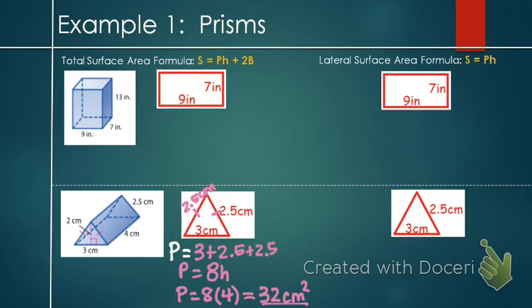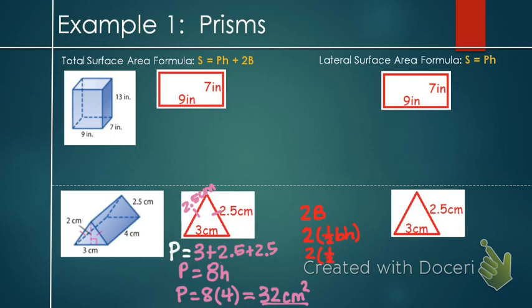Okay, so now we're going to do the rest of it. Our next part is still the 2 times our area of the base. So we have 2. The base is a triangle, so we have our formula, which is 1/2 little b times h. So we have 2 times 1/2.